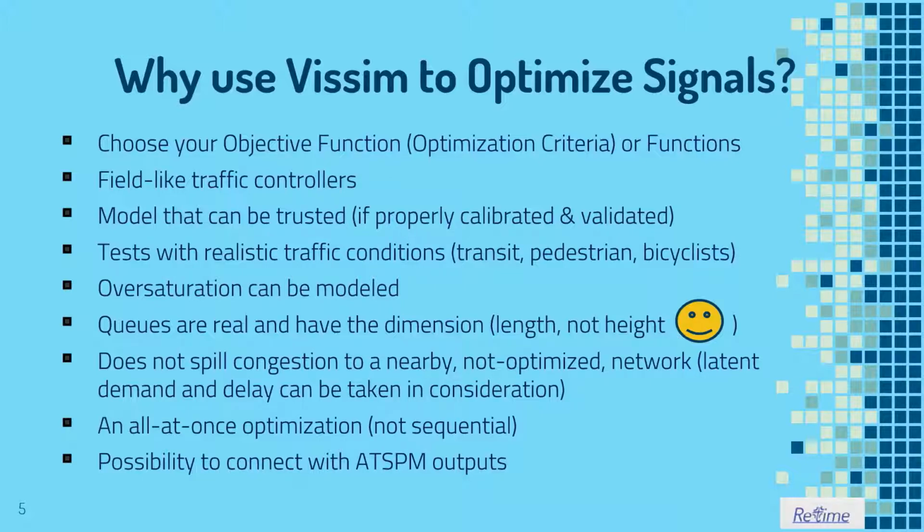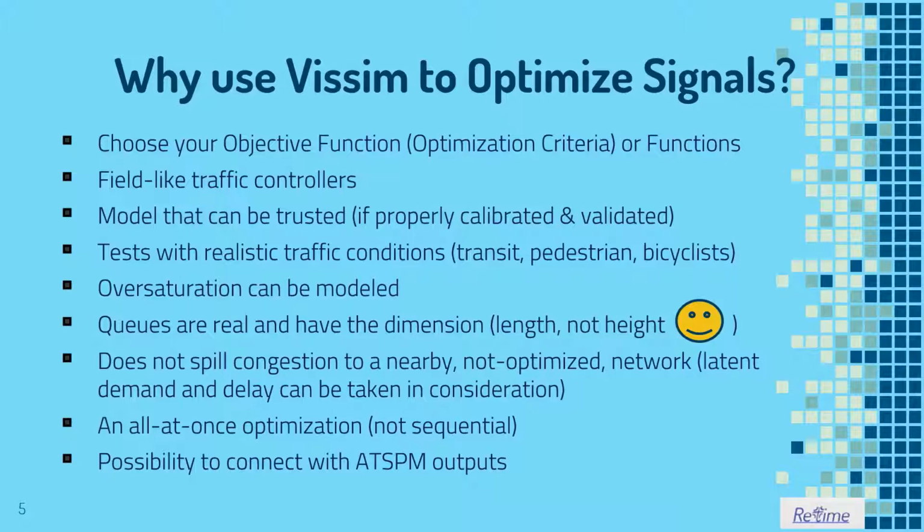We can have queues with the real dimensions instead of building virtual queues in the sky, essentially, as is the case with analytical models. And we can also control how much of that congestion is spilled onto the nearby network, which is not optimized. We have no control over that when we use analytical models.